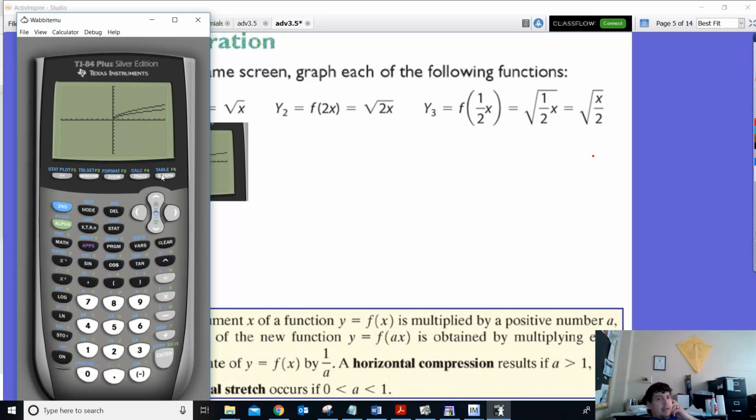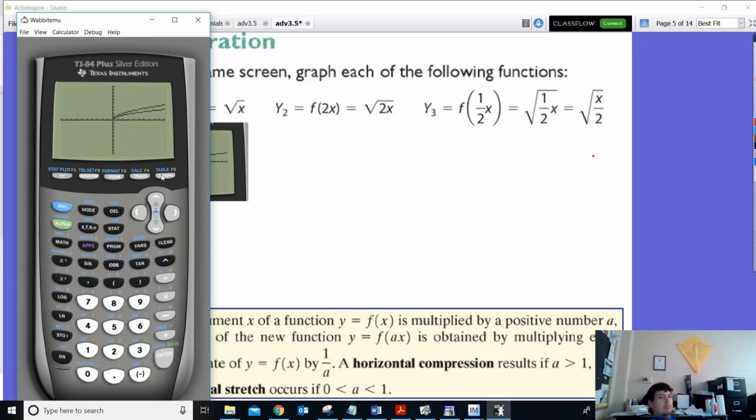Let's see here. Third one is 1/2 x. What do you guys think? Is that thing going to make it steeper, or is it going to make it kind of shorter maybe?